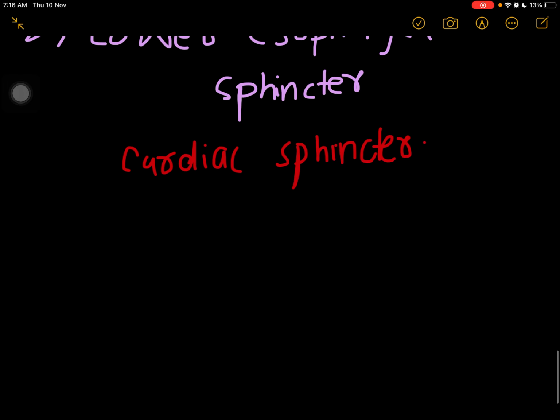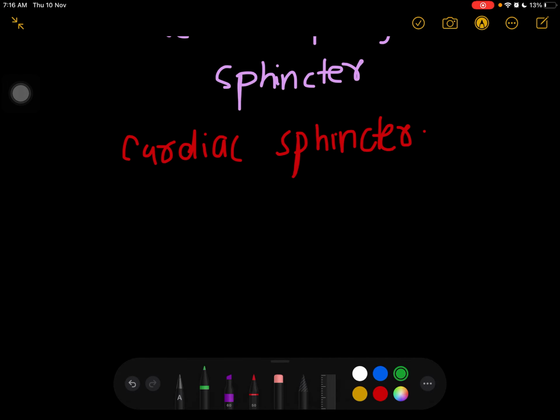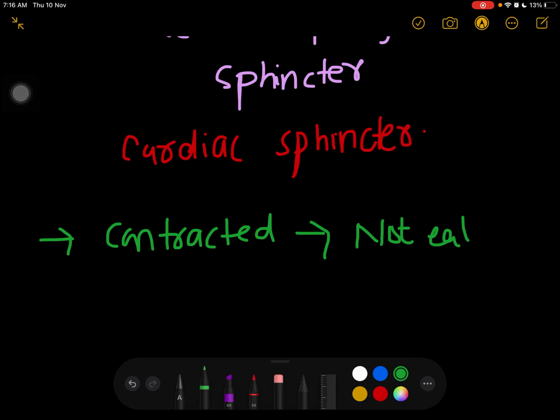So we say it is a cardiac sphincter, right? And it remains contracted when you are not eating something.